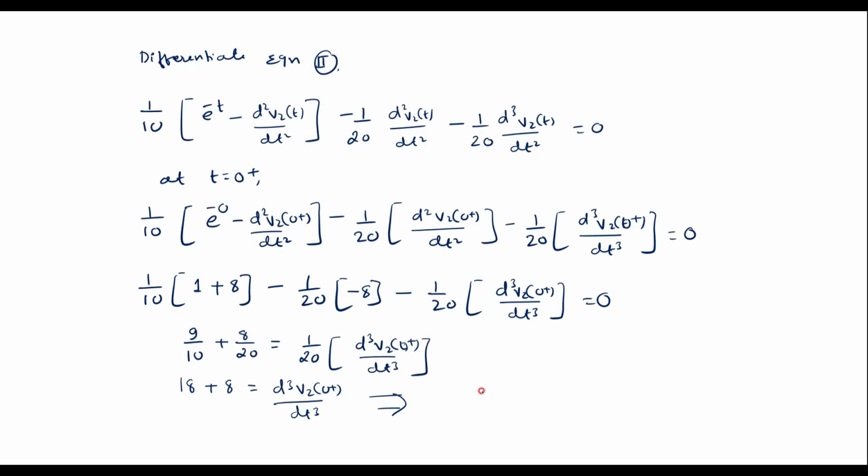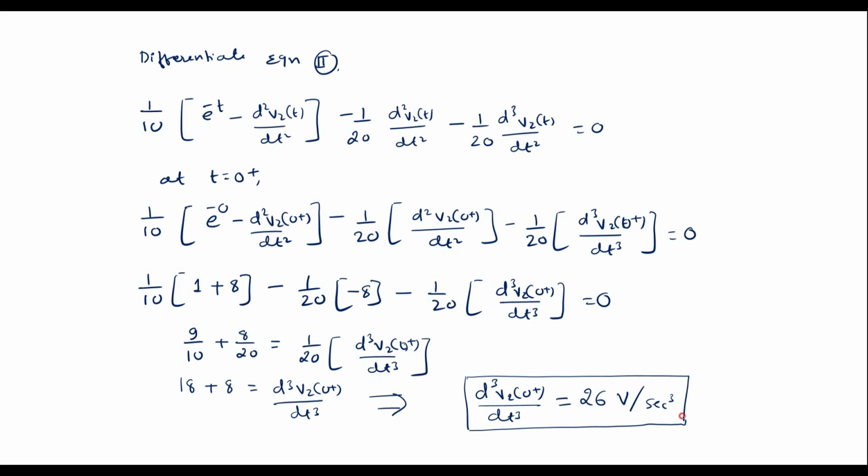Simplifying this, we get d cube v2 of 0 plus by dt cube is equal to 28 volts per second cube. So this is the third derivative of v2 of 0 plus. Thank you for watching.